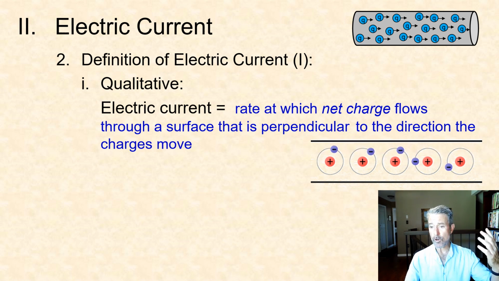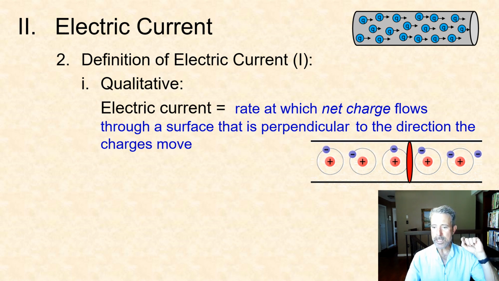While any given charge may have velocity components in 3 dimensions, although in this simulation I can only show them to you in 2, it's only the component of the velocity that is perpendicular to this red cross section I'm showing you here. It's only that component of velocity that counts in determining the electric current. So if you consider this red cross section, and you were to count the amount of charge in the form of these electrons flowing past it per unit time, we would have a measure of the electric current in the wire.